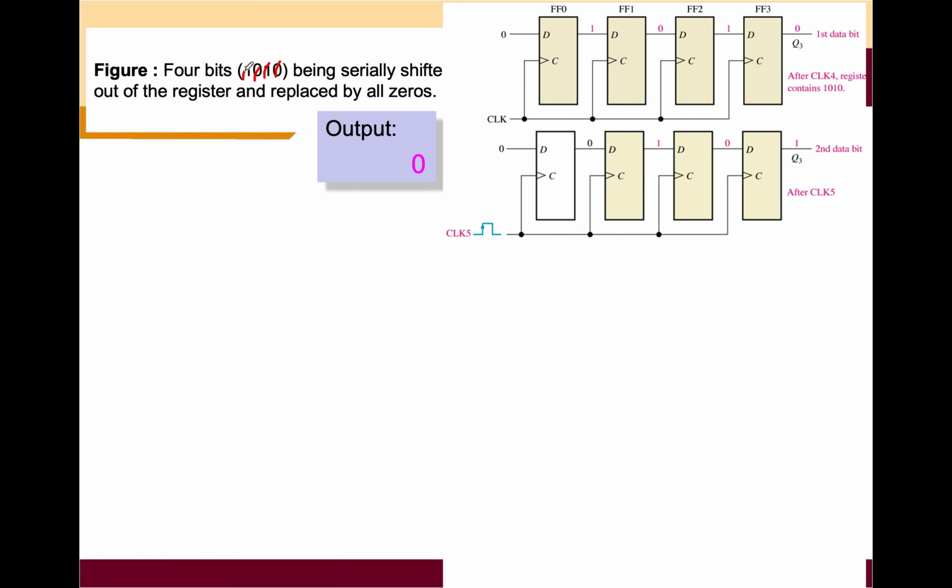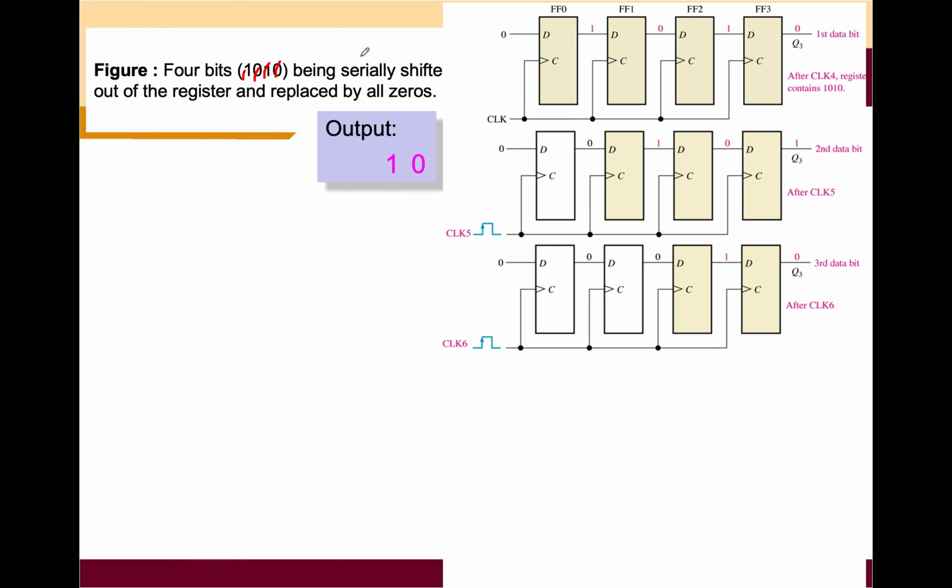So first 0, and you're going to get the output 0 also. First over here, this is the 0, and then you can see it's moved 0 1 0 1. So first your 0 will be out, and then after that 1, then 0, and then another 1.